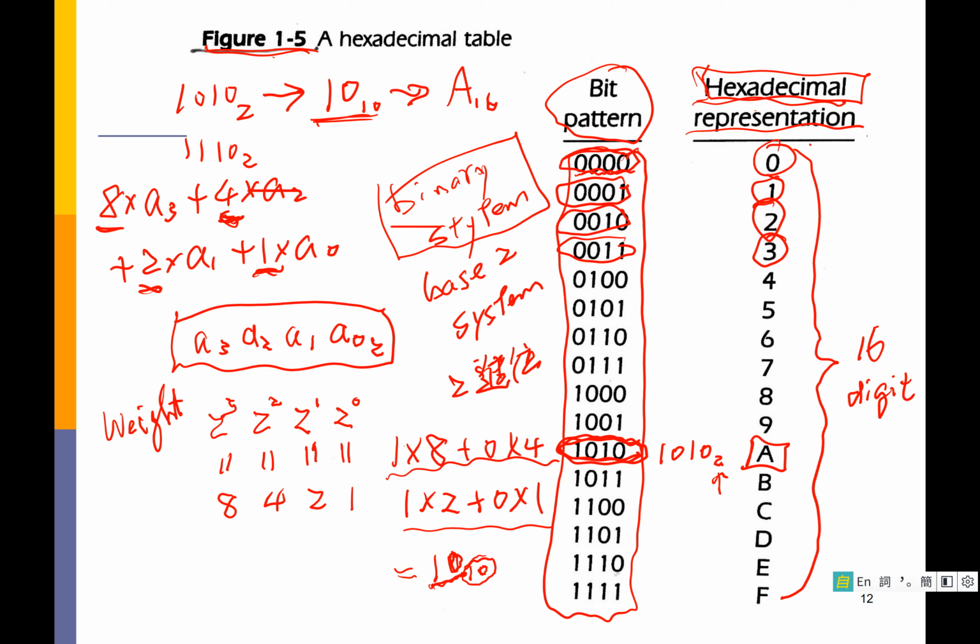When I translate into base 10 system or decimal system, it becomes 14. Right? 8 plus 4 plus 2, yes, is 14.